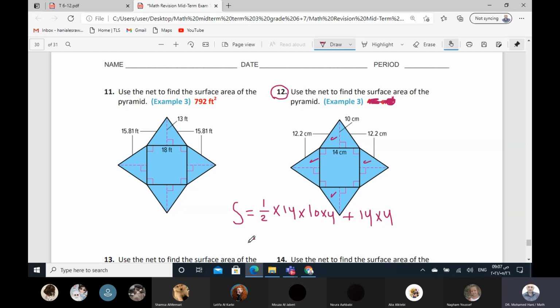Now we can calculate. We have here 4 times 1, 4 divided by 2 will be 2. And here 14 times 10 will be 140. Plus, here we have 14 times 14.